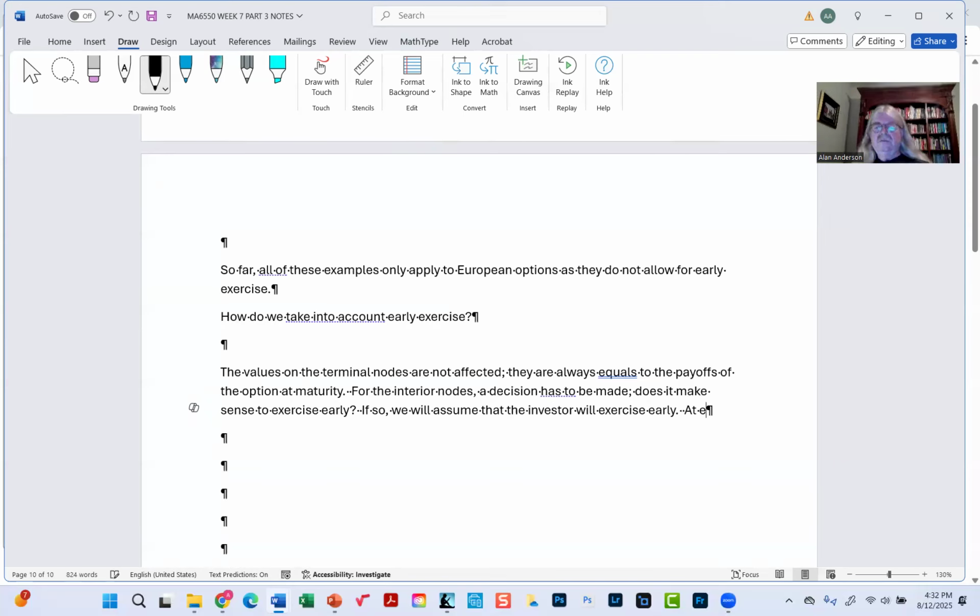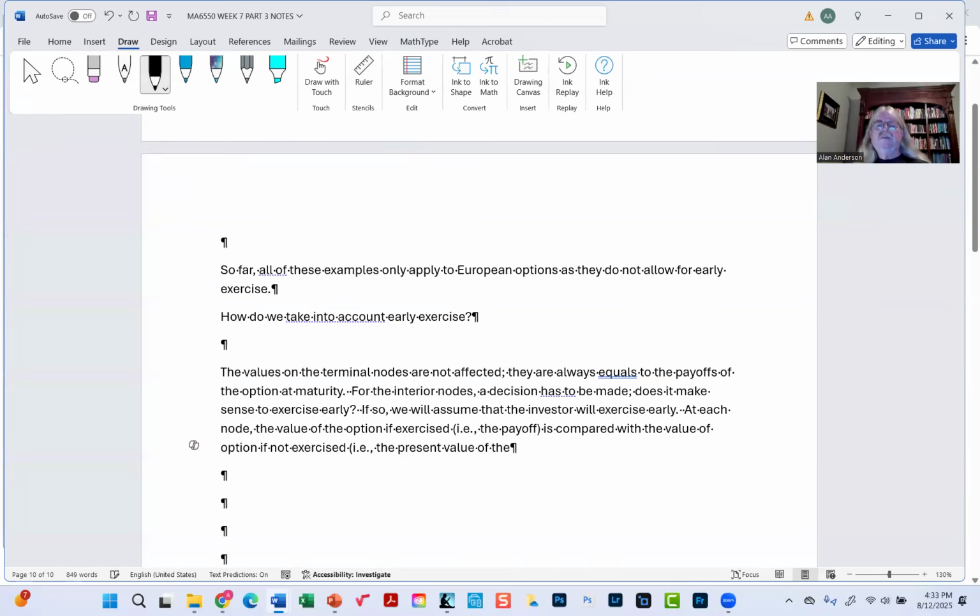So in each node, the option exercise payoff is compared with the value of the option if not exercised, in other words, the present value of the expected payoff.